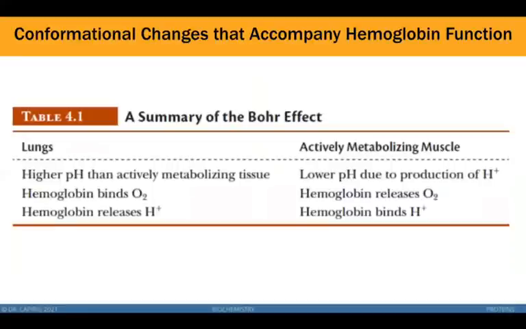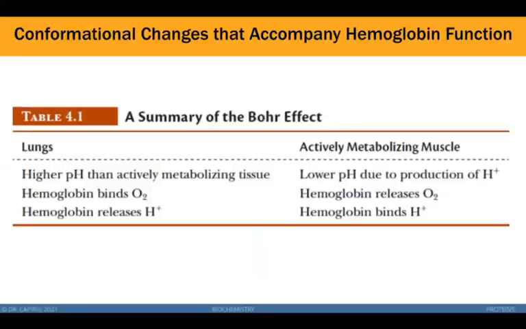This table shows you the effect of pH in several parts of our body, for example, in the lungs and the actively metabolizing muscle. In the lungs, you have a higher pH than actively metabolizing tissue. So, for example, if you are performing exercise, the muscle is very active in terms of metabolism.